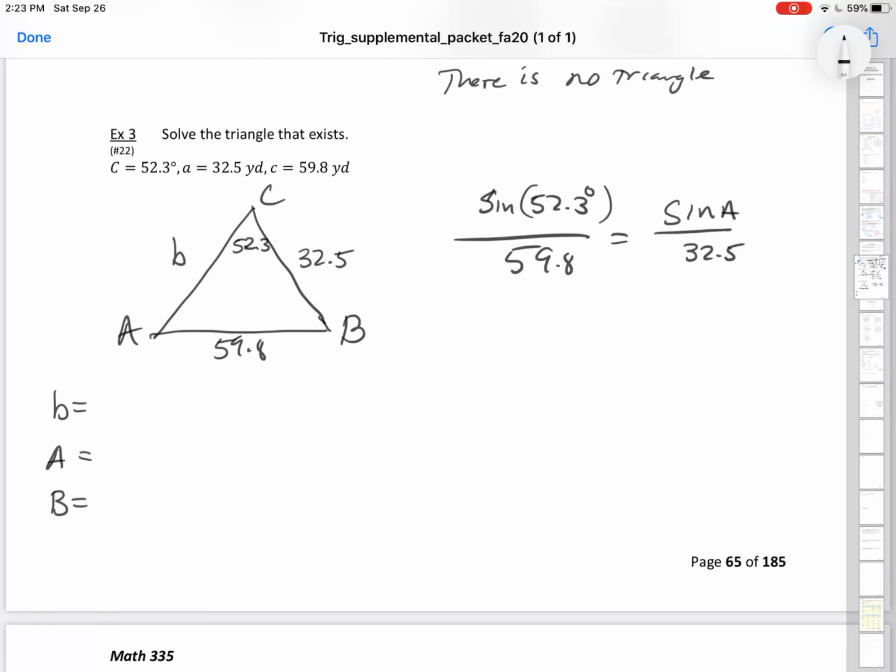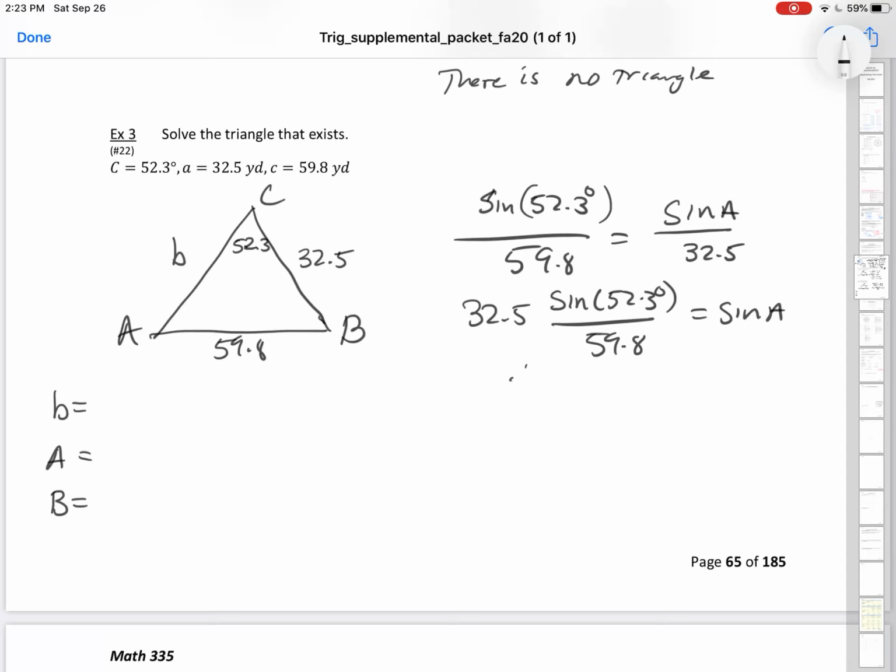And so again, just trying to take it slow for you, sine of 52.3 degrees all over 59.8 is equal to sine A. If that number is less than 1, then we're going to be able to move forward. If it's greater than 1, we love it because we're done. There's no triangle. And it's less than 1.